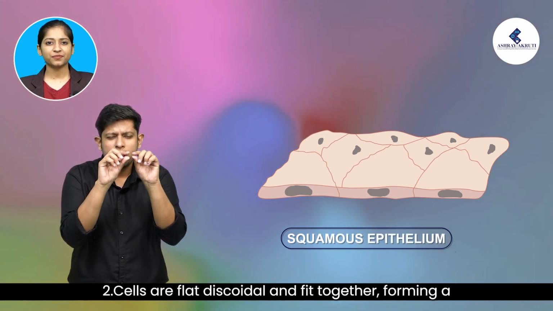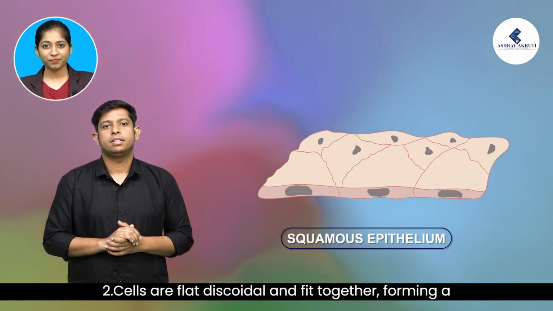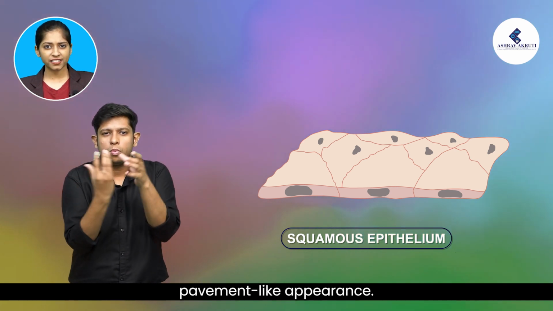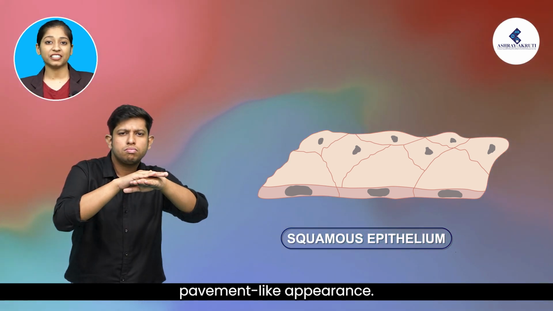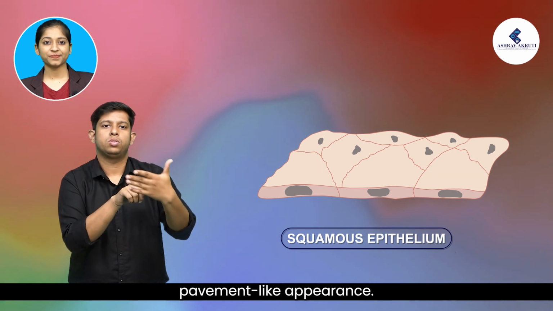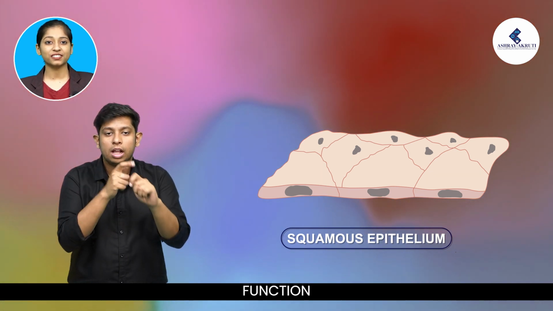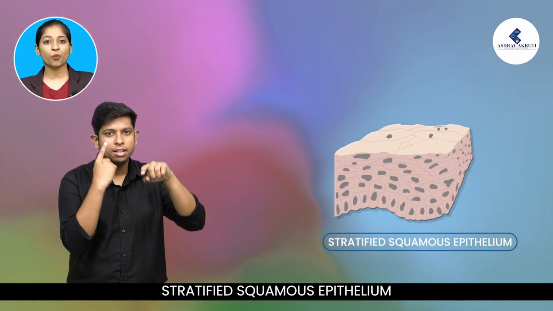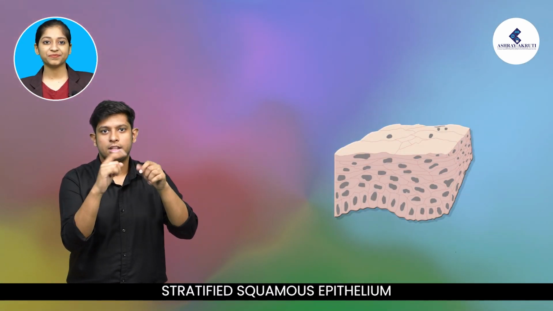Cells are flat, discoidal and fit together, forming a pavement-like appearance. Function: helps in protection.